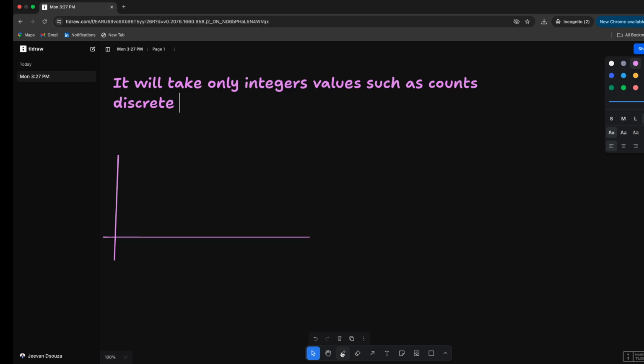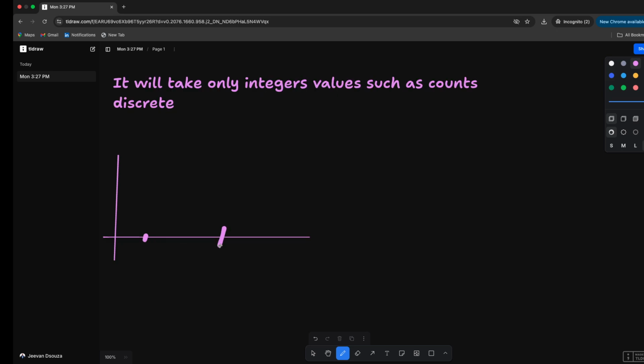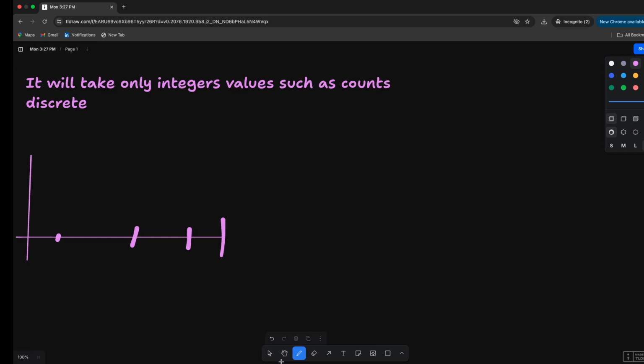So basically, these are integers, or whole numbers. So you can have one, two, three, four, and so on. Now, integers exist on both sides of the frame. You can have them to the left and the right side of the origin both.